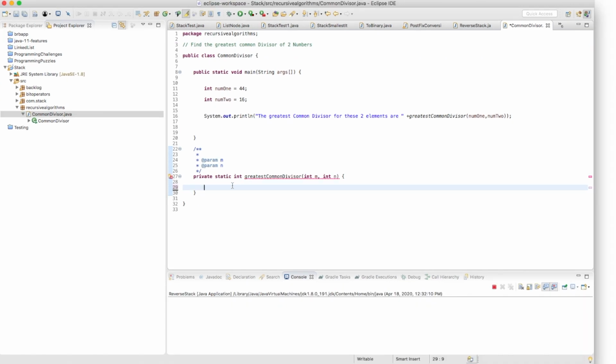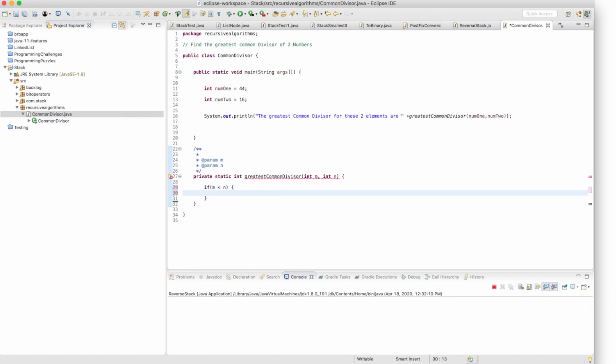Let us see how we implement this algorithm using our Java program. If I have two numbers, as I said, let the first number be m. If it is less than n, what do I have to do?